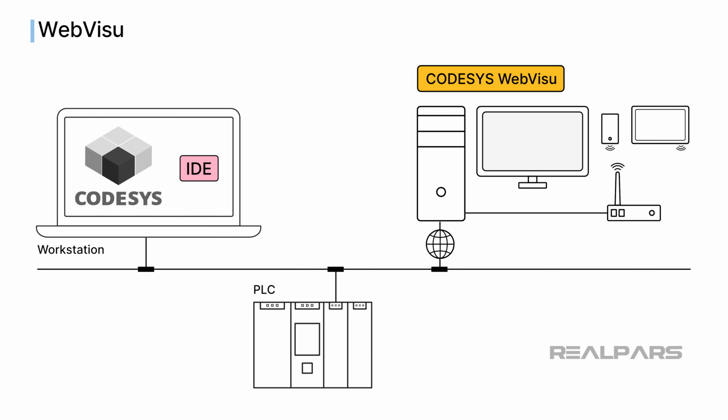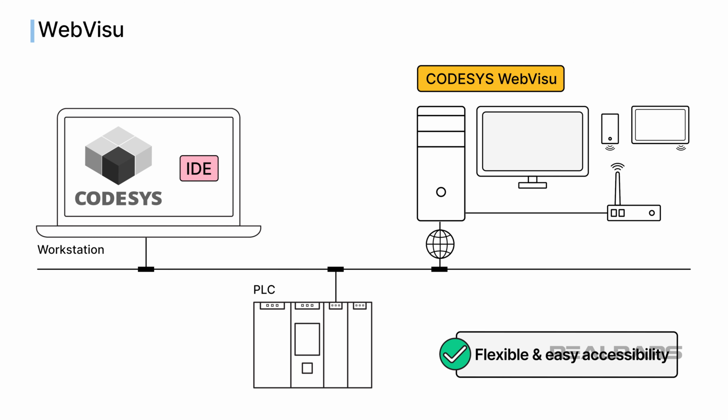If the device running the CODESYS runtime is connected to the Internet, then the visualization can be accessed from anywhere in the world to enable remote monitoring and support. The advantage of a WebVisu deployment is that it provides a flexible and easy way for any client to access a visualization regardless of type, platform, or compatibility with CODESYS.